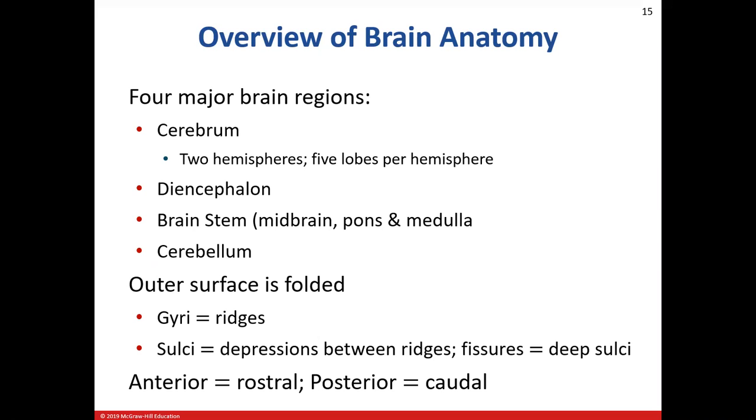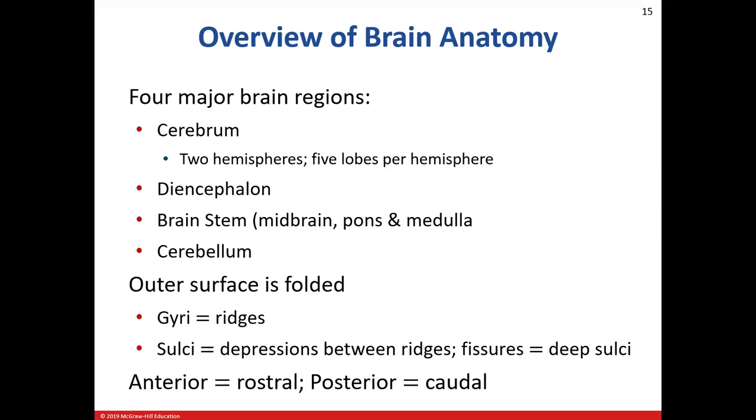The cerebrum is essentially our two brain hemispheres. And within the cerebrum, there are 5 lobes per hemisphere. We've already discussed that the diencephalon is mostly our thalamic structures. The brainstem we've identified as being the midbrain, the pons, and the medulla. And then the cerebellum is the structure towards the posterior aspect of the brain.